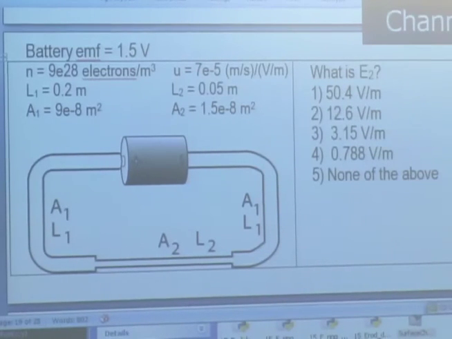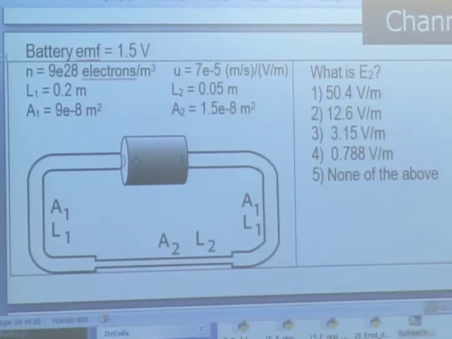Take a couple minutes, see if you can work out the magnitude of electric field E2, the field in the thin wire. If you're still working, that's okay. Let's see if we can try to set this up.